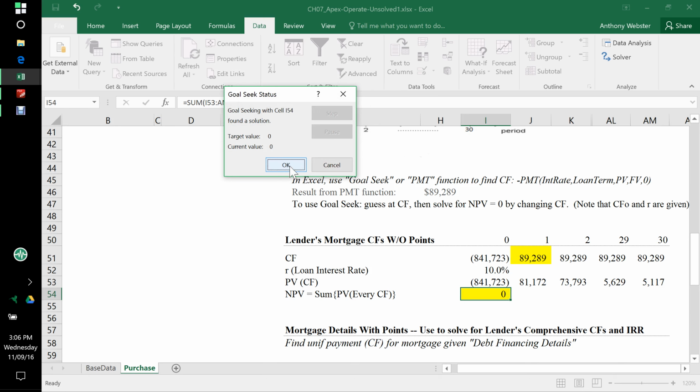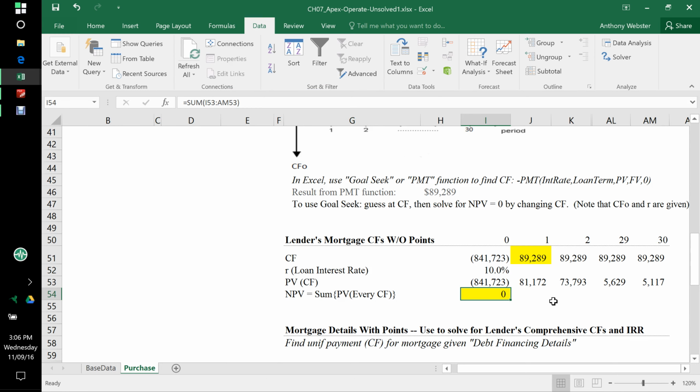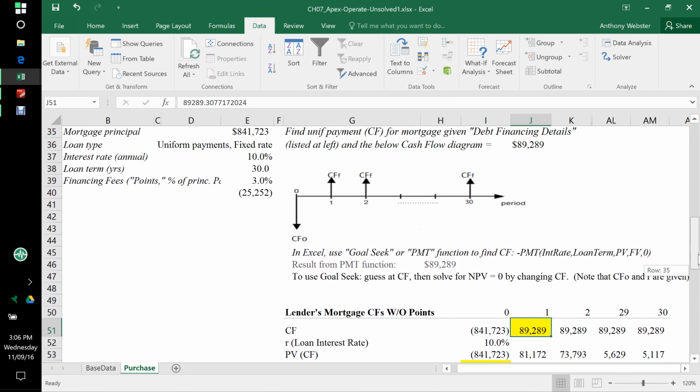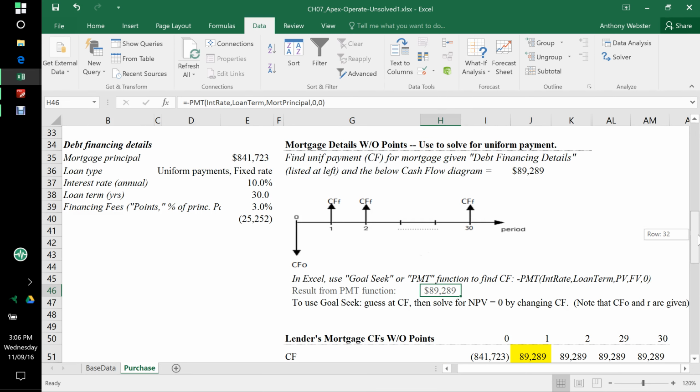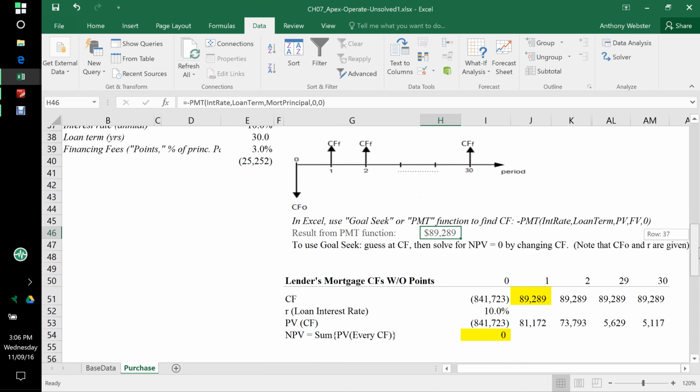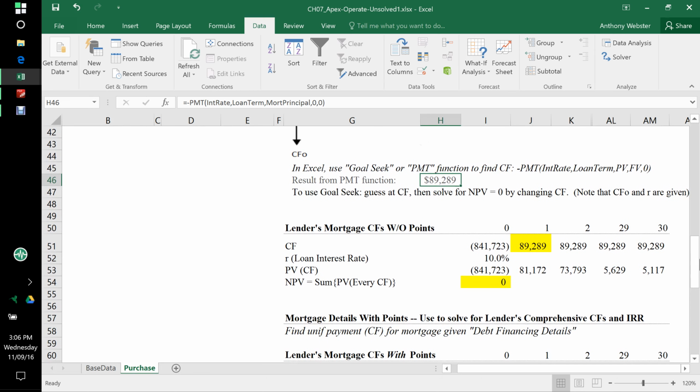Okay, and that's it. That's looking pretty good here. My NPV is equal to 0 when my uniform payment, as we saw in class, and as we see up above using the PMT function of Microsoft's, we get 89,289 and change. So that's pretty great.